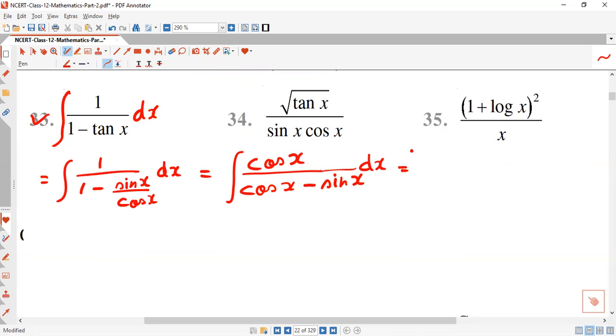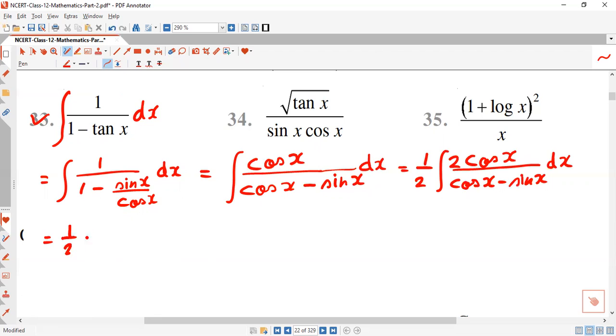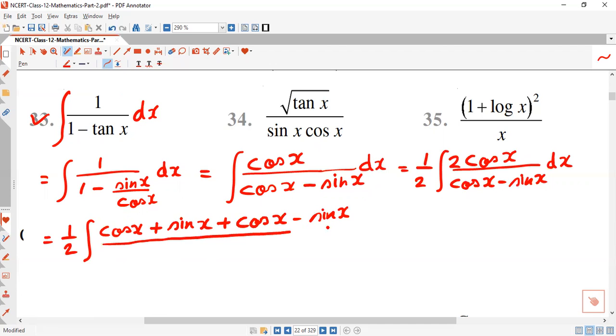Multiply the numerator by 2, so we get 1 by 2, 2 times cos x upon cos x minus sin x dx. Again, add plus sin x and minus sin x: half integration of cos x plus sin x plus cos x minus sin x, divided by cos x minus sin x, dx.